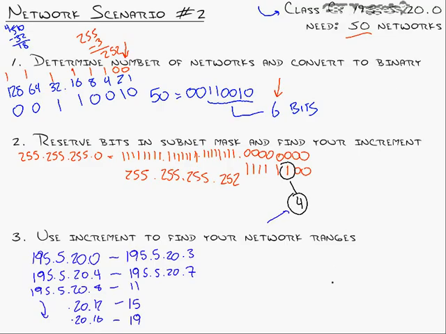We've taken one Class C network, 195.5.20.0, with one network that could go all the way up to 255, and broken it into all these little subnetworks. Now, there is a price to pay whenever you do subnetting. When we had one network, we couldn't use the very first or the last IP address, right? Because the very first IP address identified the network.